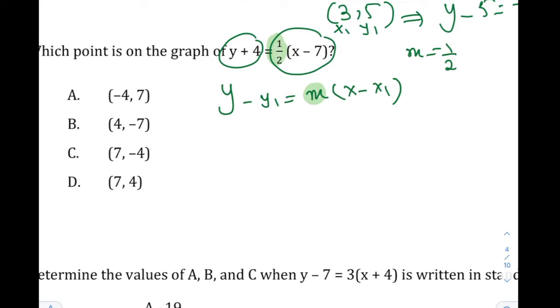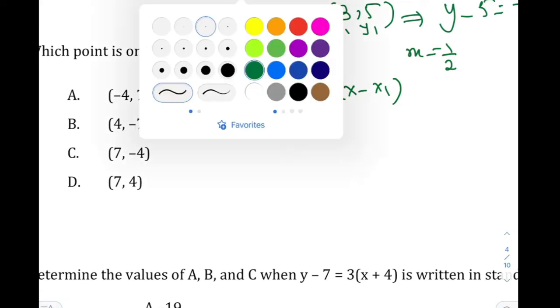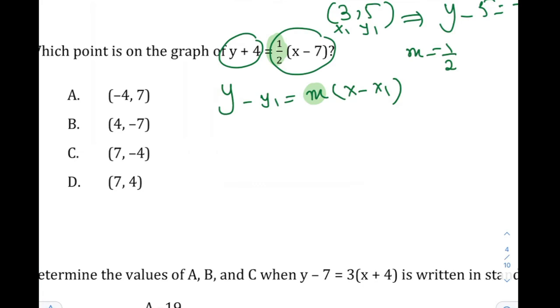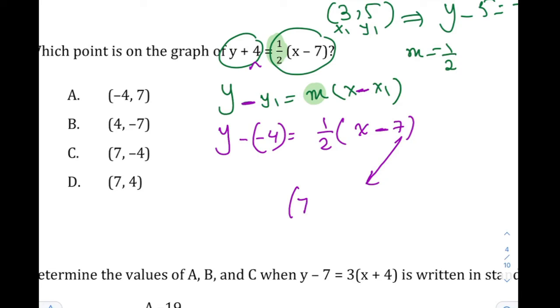And what is the point? It is as if it was written y minus minus 4 equals one half x minus 7, because the rule already has the minus. So if it was like this, then definitely the point will be originally 7 and minus 4.